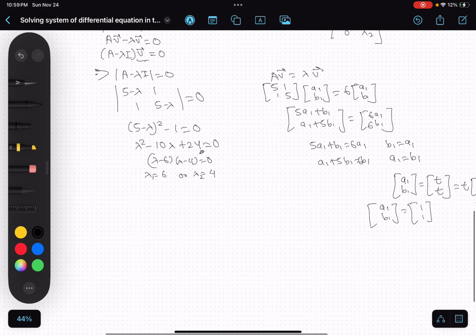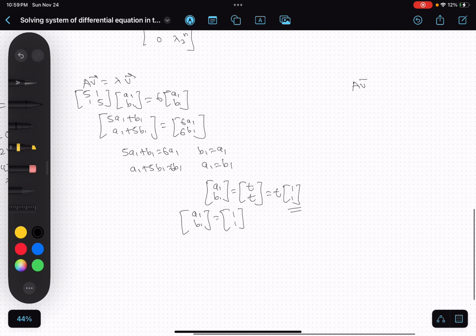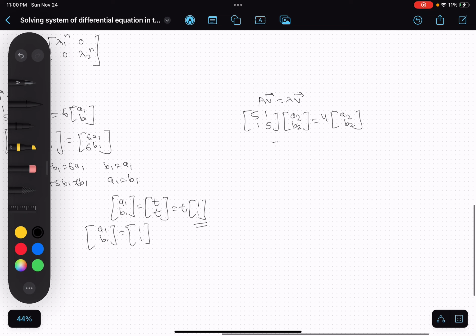Now again, for the next solution we will go through the same process. We will again use the definition that A v vector equals lambda v vector. A is 5 1 1 5 and a2 b2 equals, now this is again 4 times a2 b2, right? So this next one is 4. So 5a2 plus b2 will be 4a2, and a2 plus 5b2 equals 4b2.